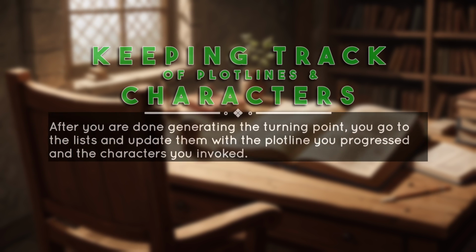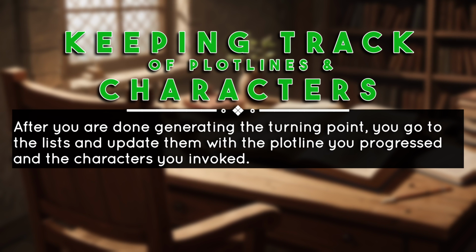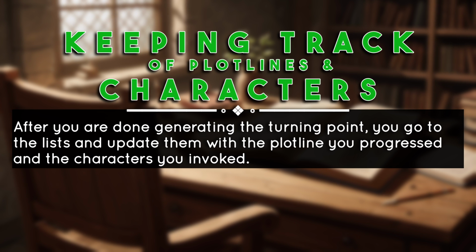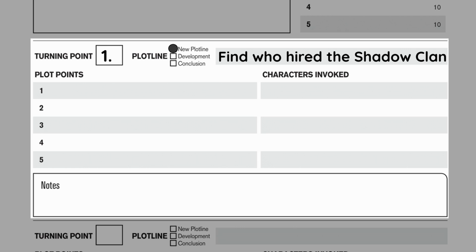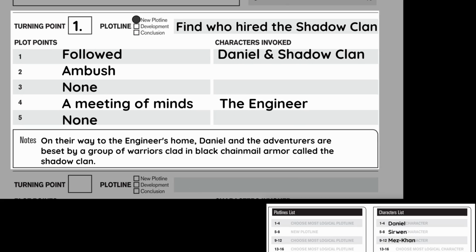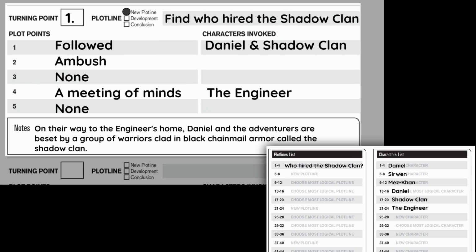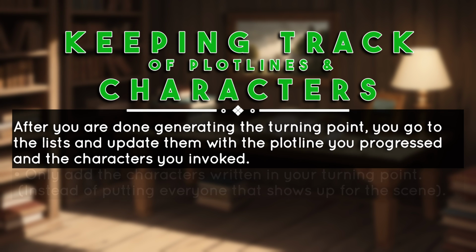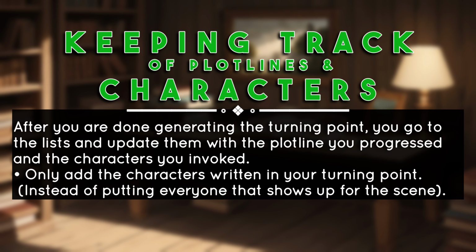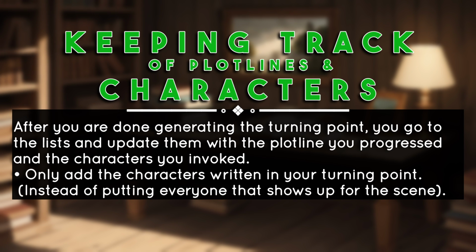Either way, when you're done with the scene, you will go to your character list and write the names of all the characters you have invoked in the turning point. So if you have your player character plus some kind of monster and an NPC, you would give each of them its own entry on the list. Just make sure you only put the names that you actually invoked in your turning point, and not everyone who appeared in the scene.